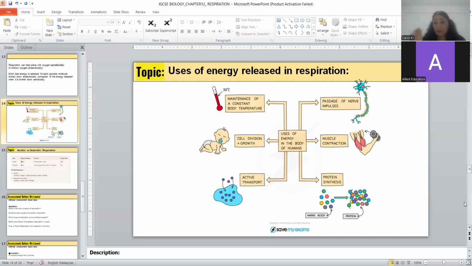So we need to break that glucose molecule by the mitochondria in the cell to use in cell division, in reproduction. Active transport between the cells. So when some of the molecules are passing through the cytoplasm by active transport, they need energy as well.